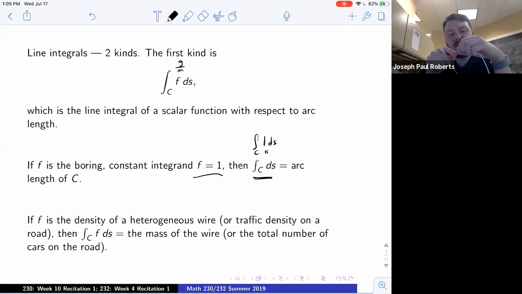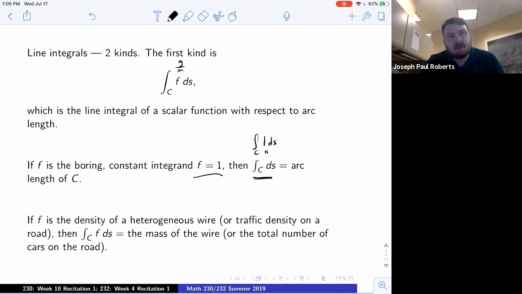And so if this part of the wire is 90% gold, then it has a certain density. And let's say that it blends and gets more aluminum based in this part of the wire. And so you have a different density value here. And so this integrand f tells you the density at each point on the curve. In which case, when you do the line integral of the density function with respect to arc length, you get the total mass of the wire.